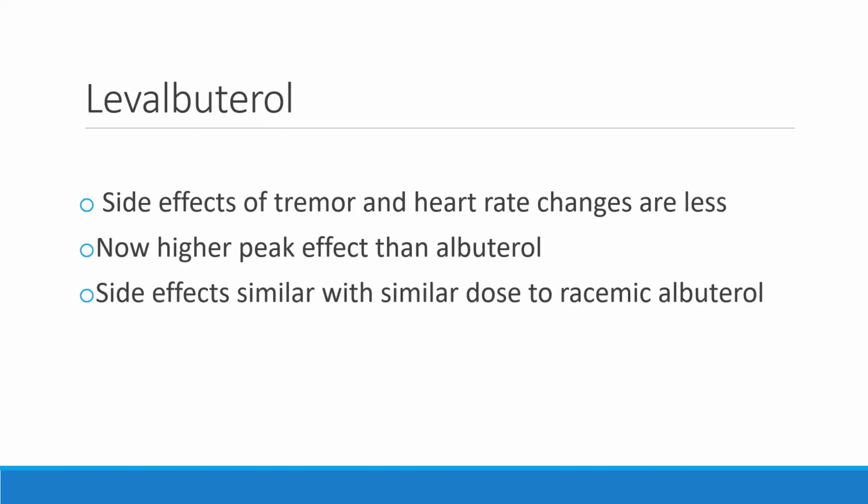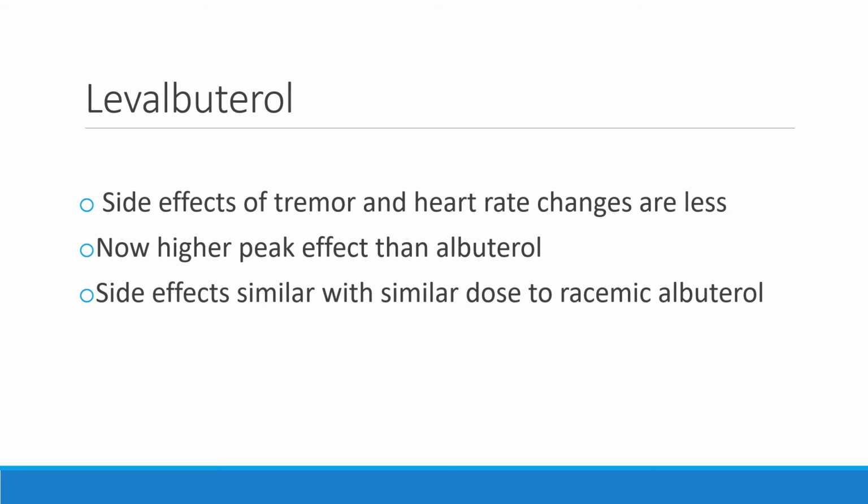The big thing with the side effects of levalbuterol is they're a lot less, right? So the side effects of tremor and heart rate changes are less significant. So for cardiac sensitive patients, it might be a better medication. They do have a higher peak effect than albuterol at the 1.25 milligram dose. So that's where that comes into play at that higher dose.